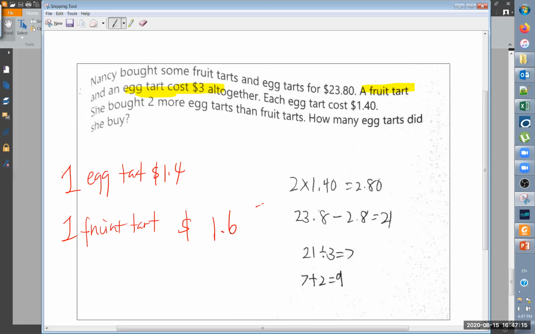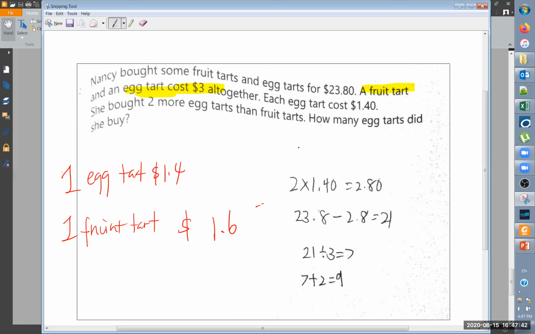Okay. Now, she bought 2 more egg tarts than fruit tarts, right? There are 2 more egg tarts than fruit tarts. Okay, good. By the way, where did you get this question from?